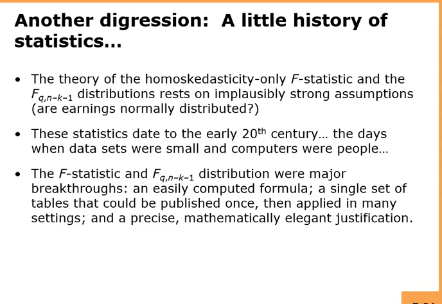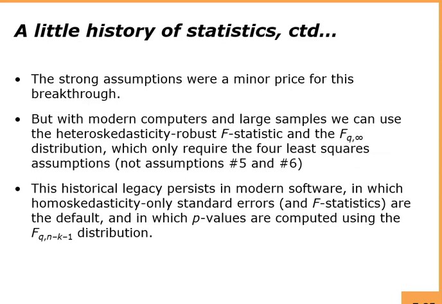So people used to rely on this distribution, and the homoskedasticity only F distribution was considered a major breakthrough in statistics. But now all these statistical software packages rely on the F distribution, which does not assume homoskedasticity.